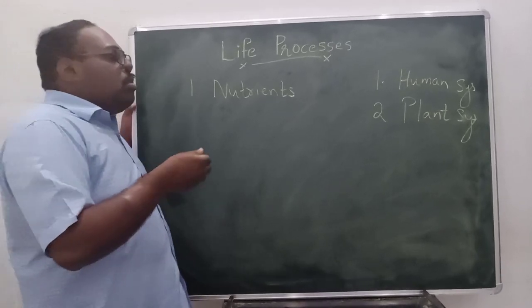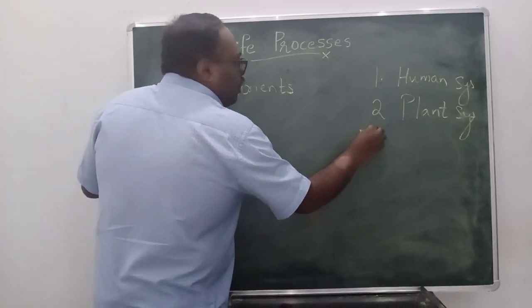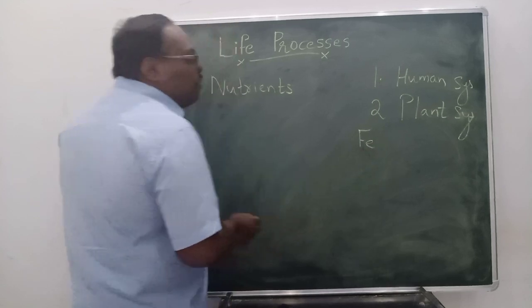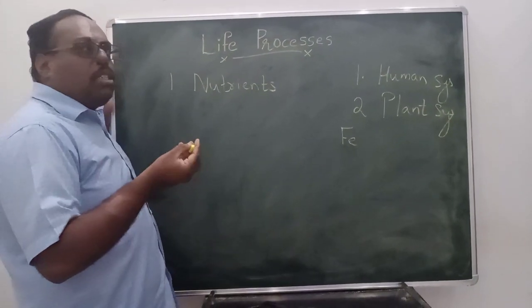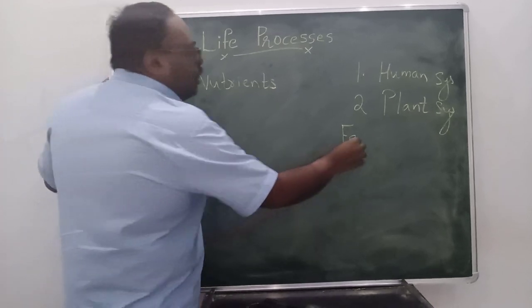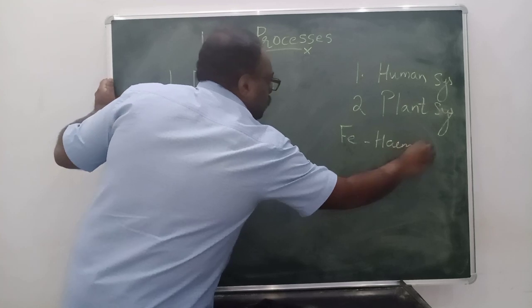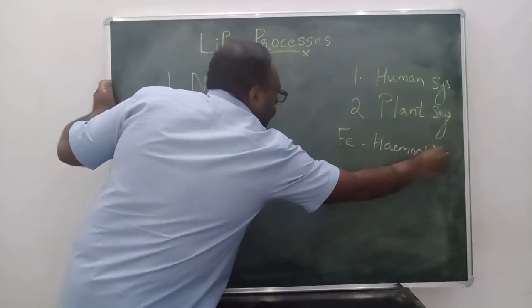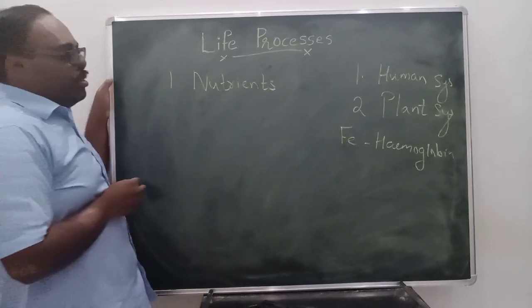For example, one nutrient is Fe, which is iron. It helps us form hemoglobin, a protein present in human blood, which is responsible for carrying oxygen.